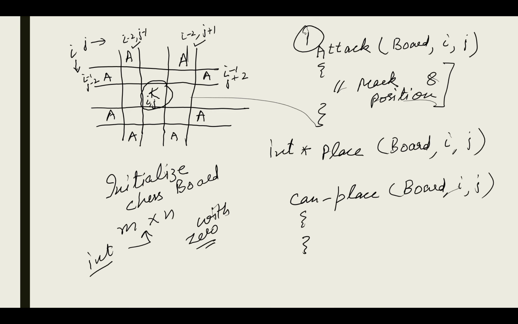Now for the main solution, we know that in the n-queens problem we used backtracking to solve the problem. So we will also use the backtracking method to solve this problem. We will make a recursive function.